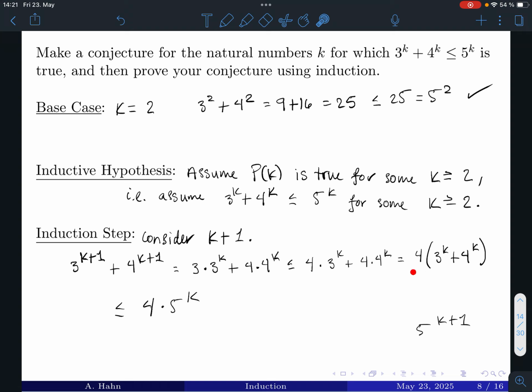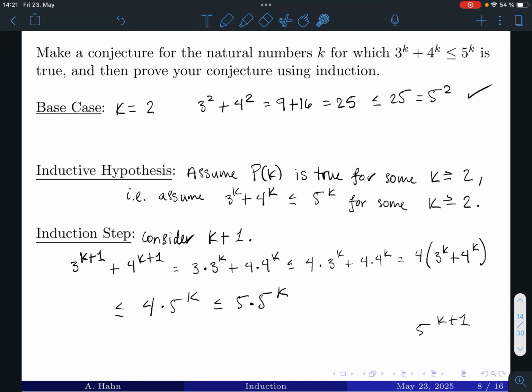So we're just using our inductive hypothesis to go from here to here. But then we're going to do one last trick. 4 is less than or equal to 5. So this is less than or equal to 5 times 5 to the k.